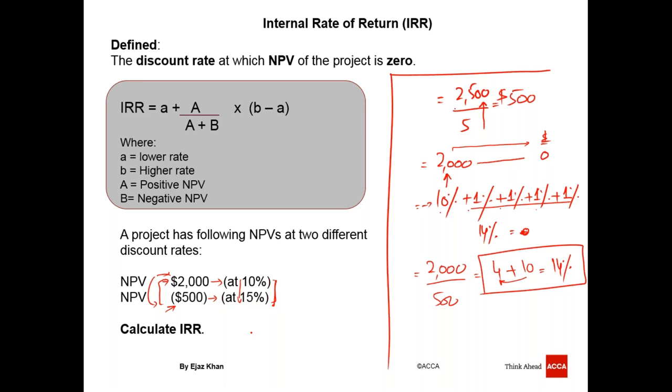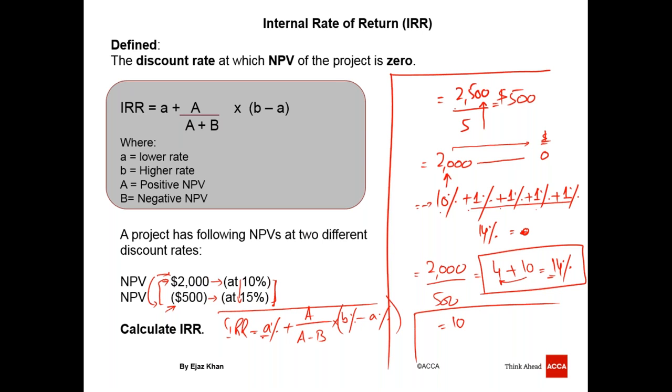We can calculate the same value of 14% using this formula. IRR is equal to A% plus capital A divided by A minus B, into B% minus A%. Whereas A% is the lower rate. Out of these two rates, A% will be the lower rate, which is 10. This is the lower rate.